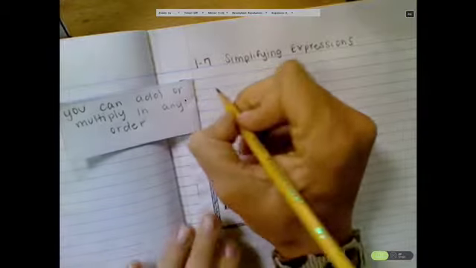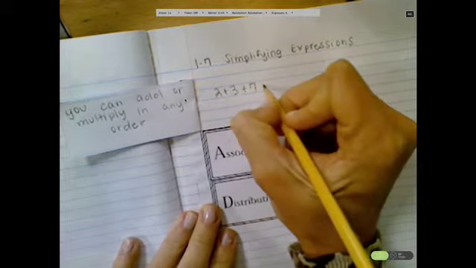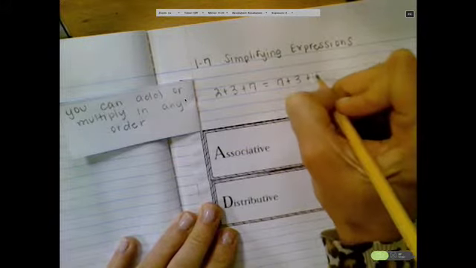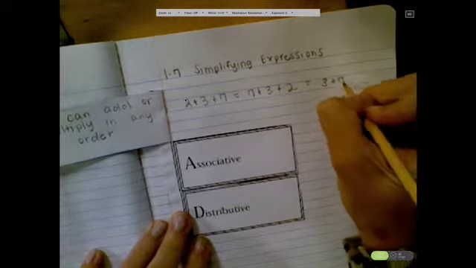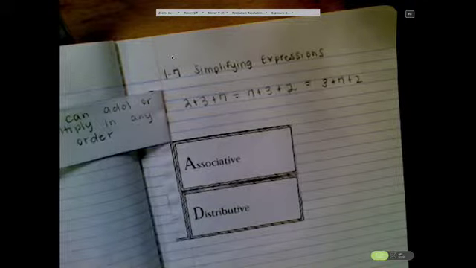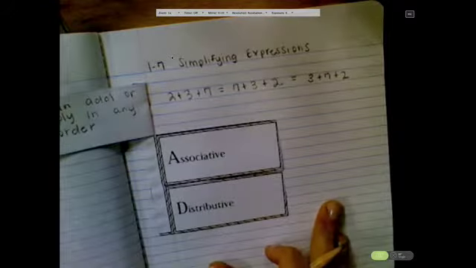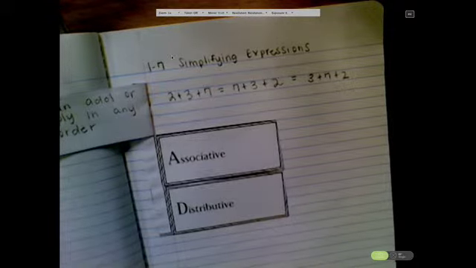For example, 2 plus 3 plus 7 is the same thing as 7 plus 3 plus 2, or 3 plus 7 plus 2. Basically saying it doesn't matter what order we add those numbers in, it's going to get the exact same sum.